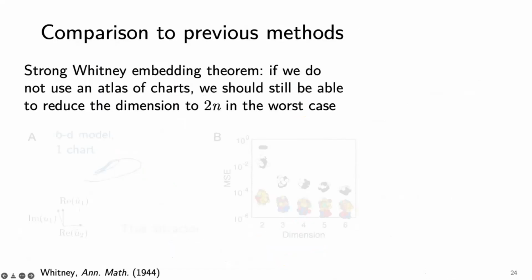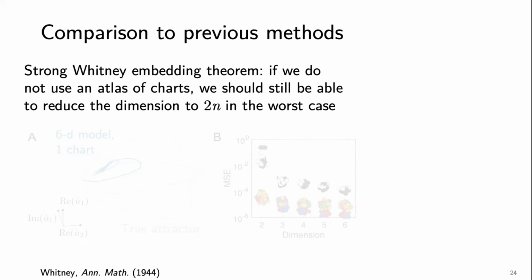Okay, and so the last thing I'd like to do here is just to compare this to previous methods. And in particular, there's a mathematical theorem that's especially relevant for this comparison, and it's known as the Strong Whitney embedding theorem.